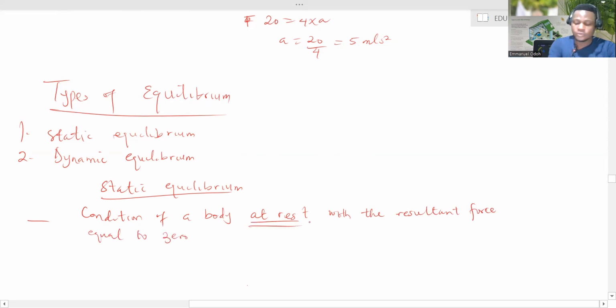So this is the keyword, with the resultant force equals to 0.